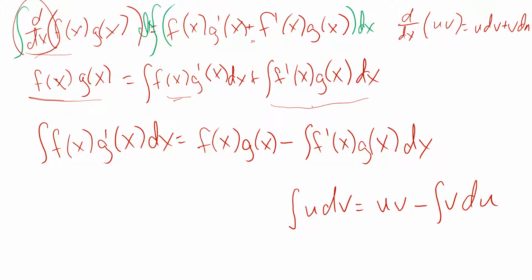The other deal with integration by parts is sometimes, so we'd plug everything in. This one's easy, you just have to multiply those. And then you have to find the antiderivative, the integral, of this one. Sometimes it's super easy, and you can do it on the very first one. Sometimes this is going to take more integration by parts.